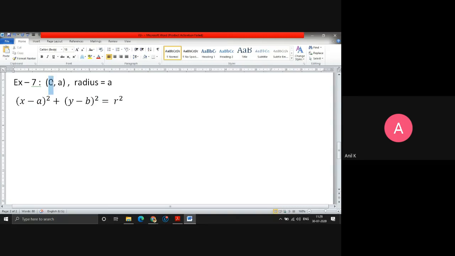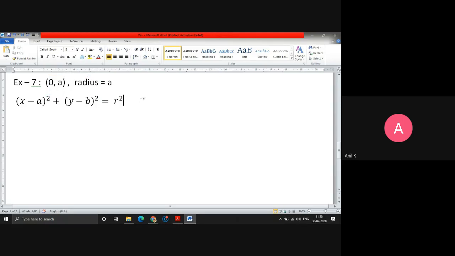If the center is on the y-axis, then the x value will always be 0. And the circle also touches the origin. So in that case, the radius and the distance of the center will remain the same.